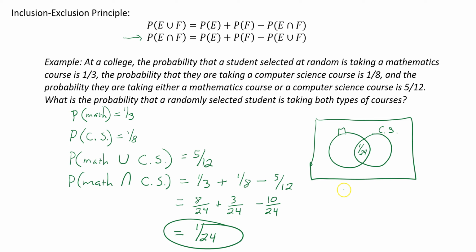To figure out what would actually go in this section of math only and not computer science, I would need to take the math probability of 1/3 and subtract the 1/24. So that's 7/24. And for the computer science section, I would take the 1/8 minus 1/24. And that reduces down to 1/12.